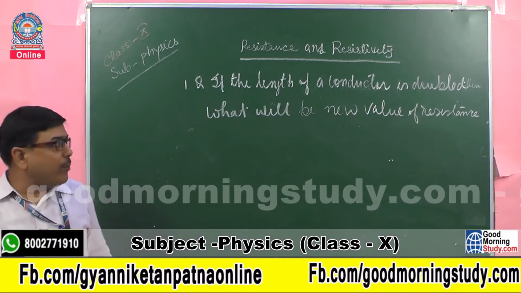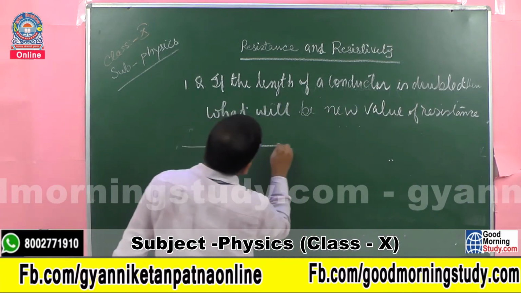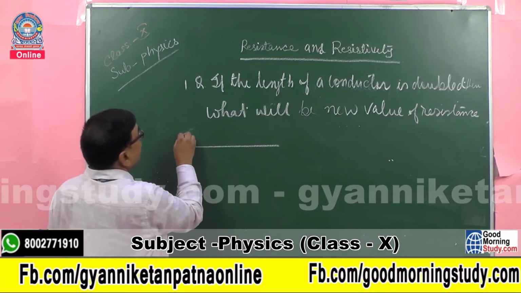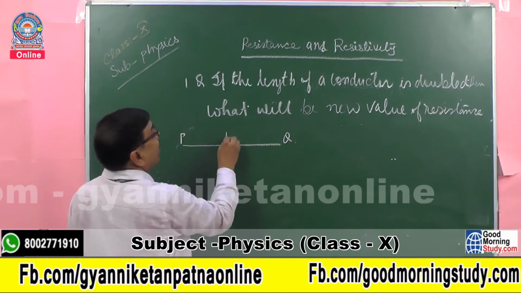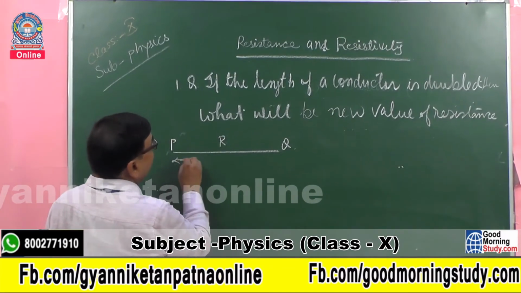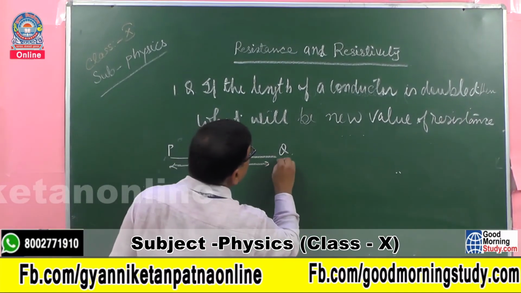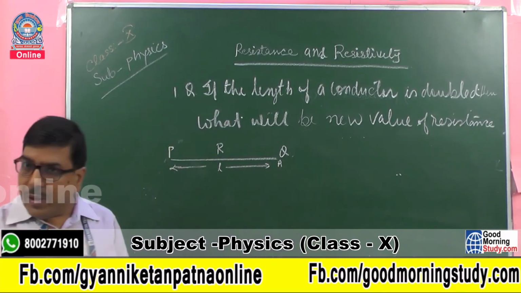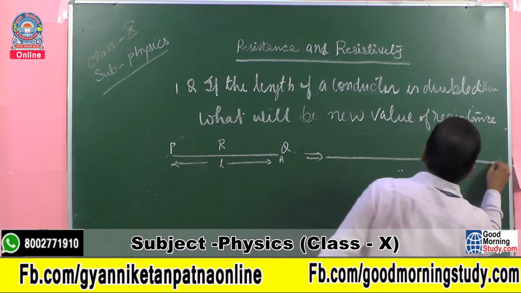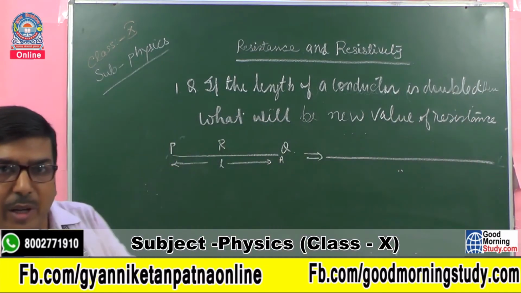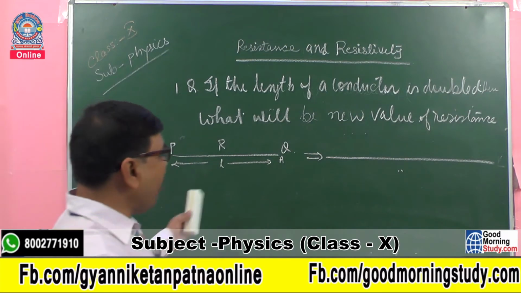So supposing here this is the length PQ whose resistance is R, length is L and area is A. This just becomes double without stretching. Remember students, without stretching.